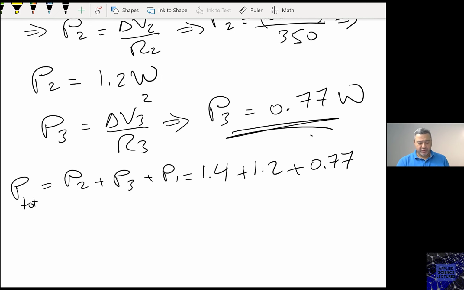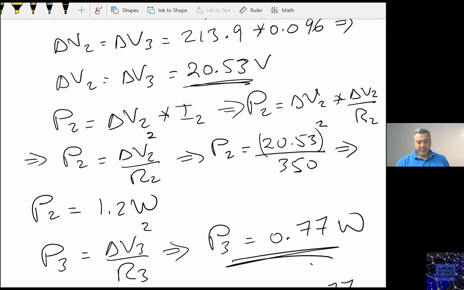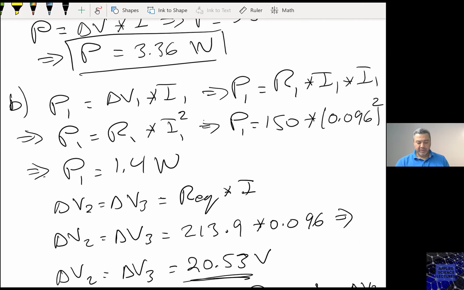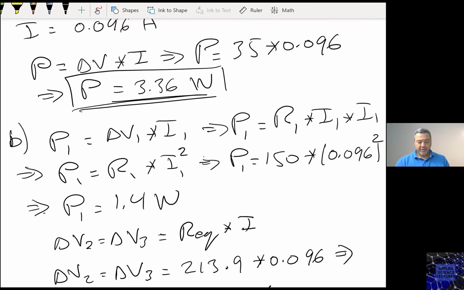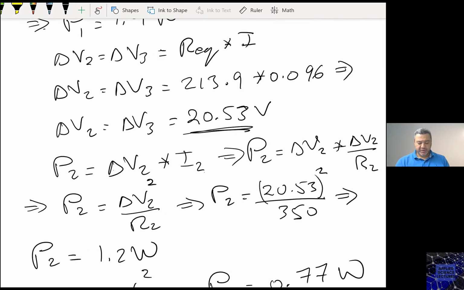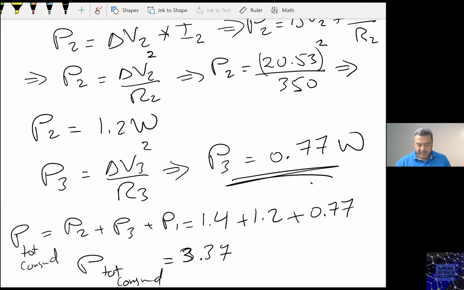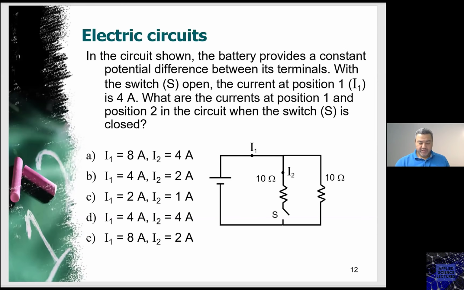The total consumed equals 3.37. Here, the one that we calculated is 3.36, which is almost the same, the difference being due to rounding tolerance. Okay.